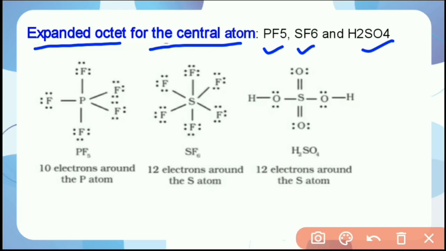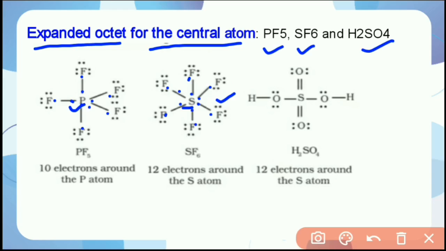For example, in phosphorus pentafluoride, the central atom phosphorus has 1, 2, 3, 4, 5, 6, 7, 8, 9, 10, so more than 8 electrons. Same as in sulfur hexafluoride, the central atom sulfur has 12 electrons.